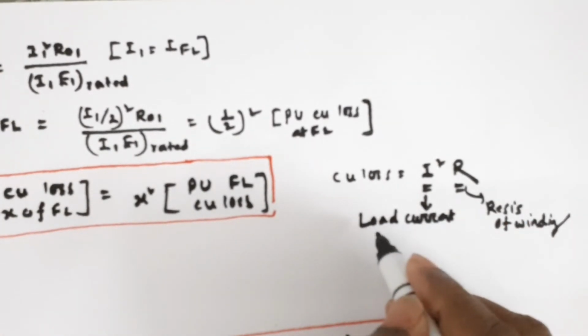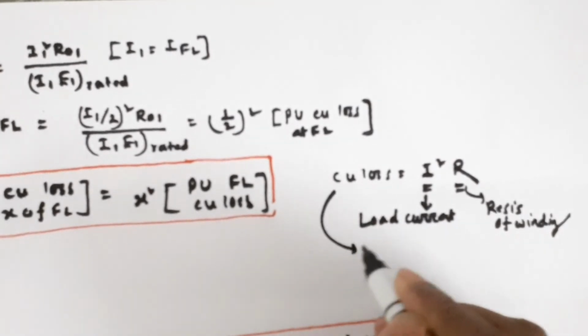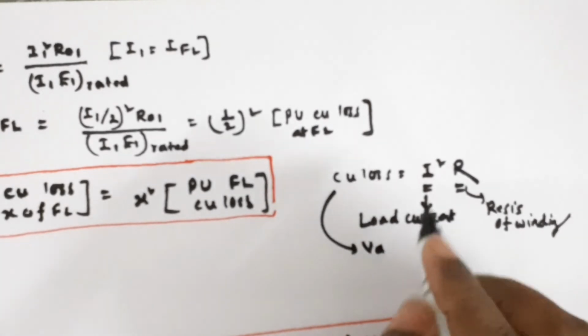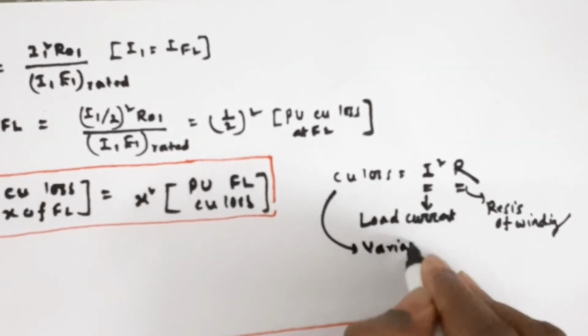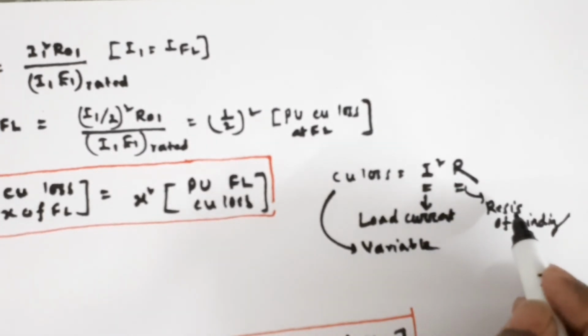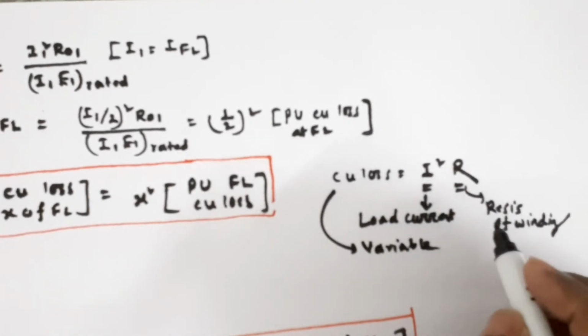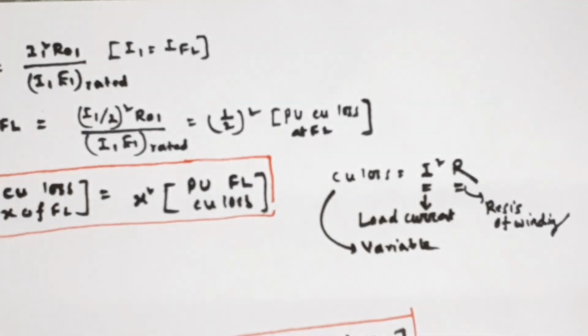The load current is not fixed; it depends upon the type of load. Therefore, copper loss is also not fixed. The copper loss is a variable parameter. And the resistance should be as minimum as possible, so that copper loss becomes minimum. Therefore, the winding of the transformer is made of good conducting material.